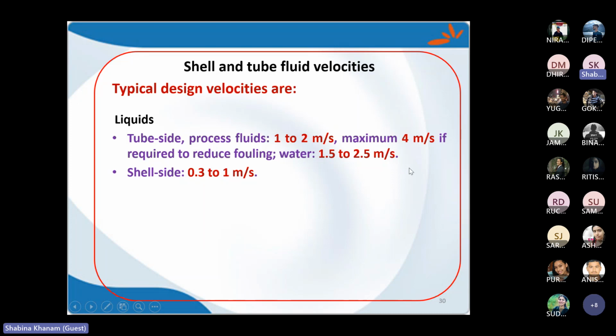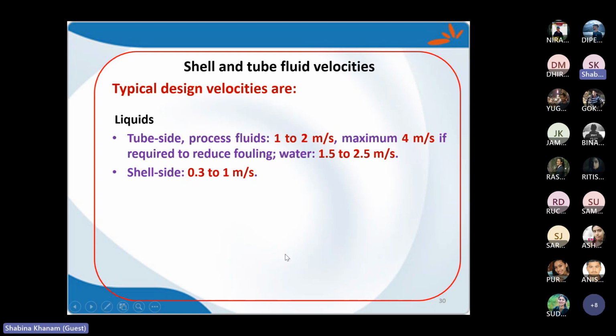Now if the tube side velocity does not fall in this range, then you need to change certain parameters to bring it into this range. Once you bring the velocity in this range, then you will proceed further. Otherwise your whole design will not be acceptable.